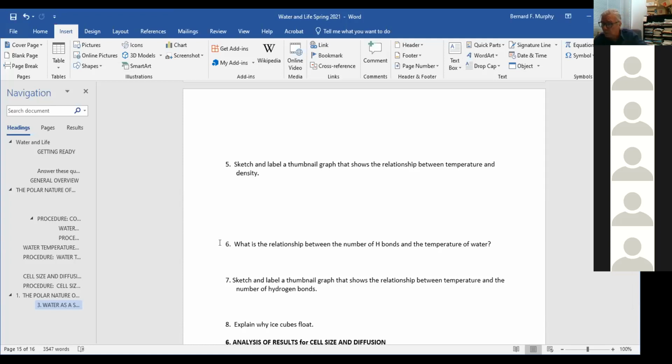So it's going to be an inverse relationship, negative slope. So sketch another thumbnail, showing the relationship between temperature and the number of hydrogen bonds, and you're going to have a straight line with a negative slope. The hotter the temperature is, the fewer hydrogen bonds there are.